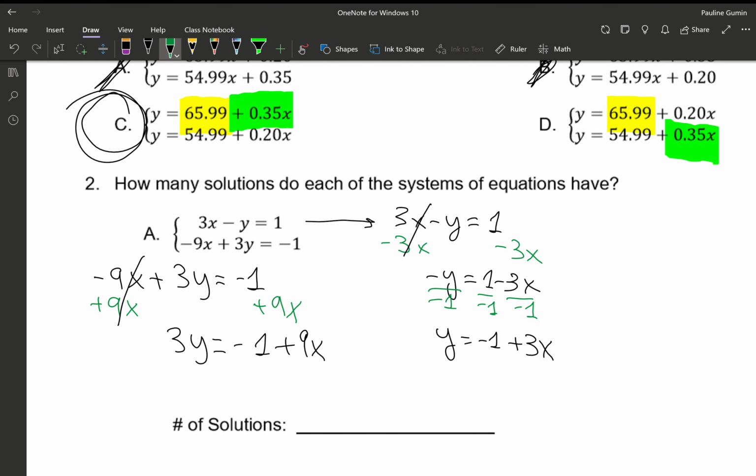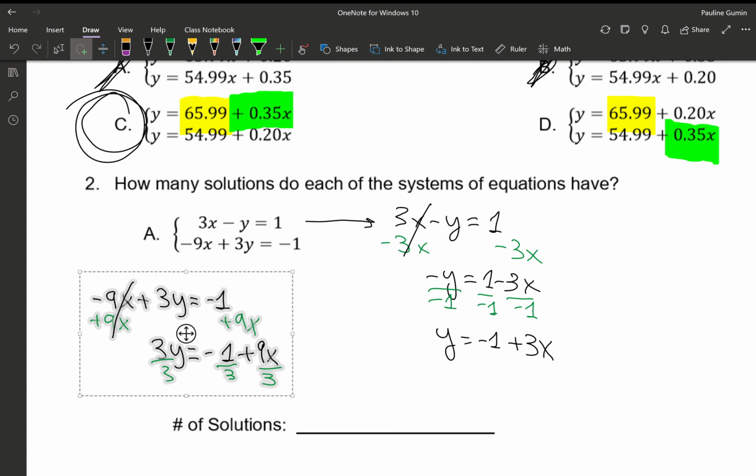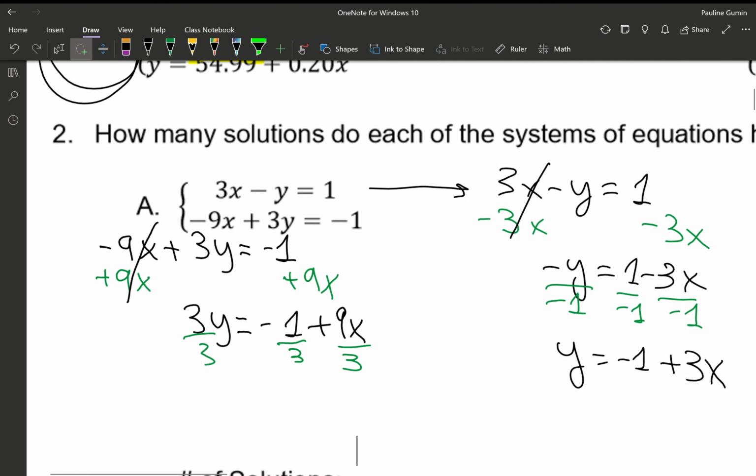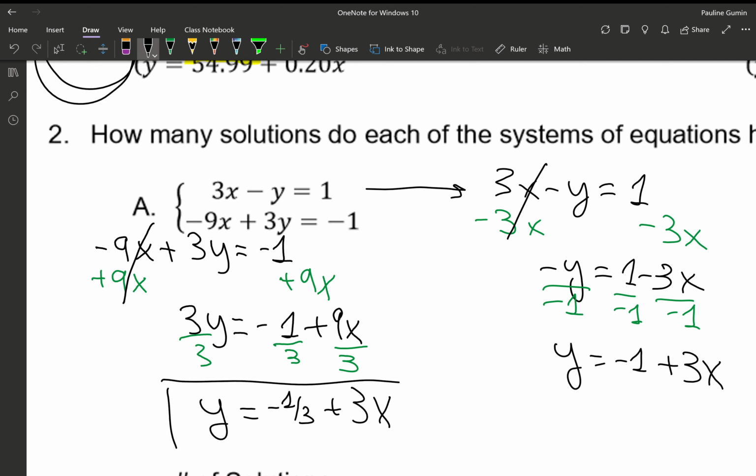And then to get y by itself, I'm going to divide everything by 3. There we go. All right, so 3 divided by 3 is 1, so 1y, negative 1/3 plus 3x, because 9 divided by 3. All right, so let's take a look at these two equations.